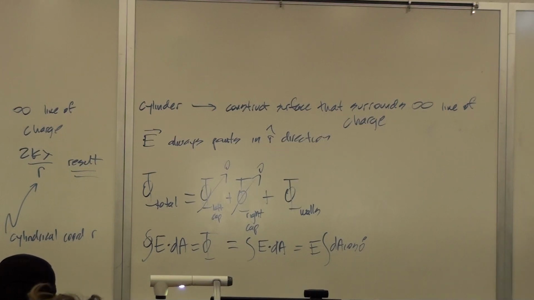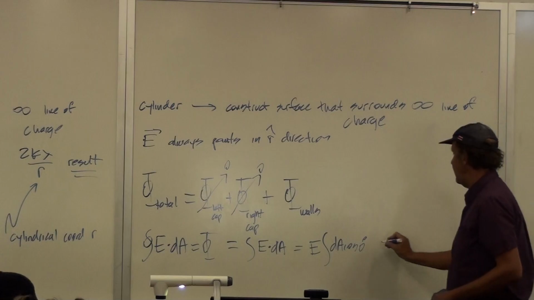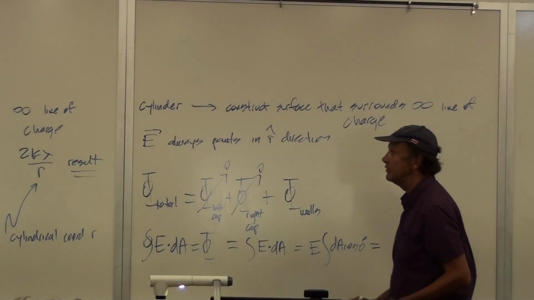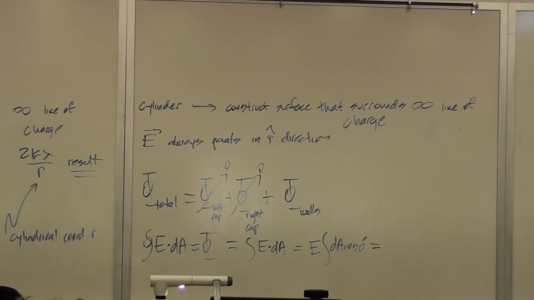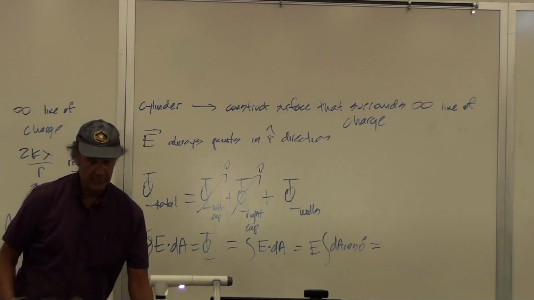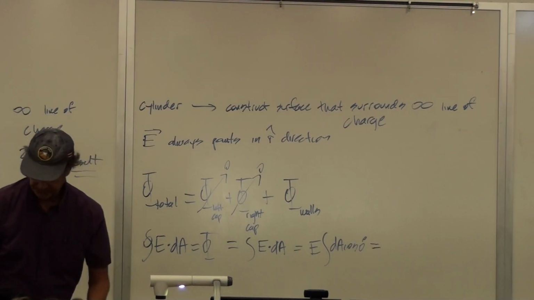We've done this before quite a few times up to this point, because the electric field is constant over that cylindrical surface at a certain distance r away. The electric field is constant. So I'm pulling it outside, and then what's the integral of dA over a cylindrical wall that has a radius r and a length L? 2 pi r L.